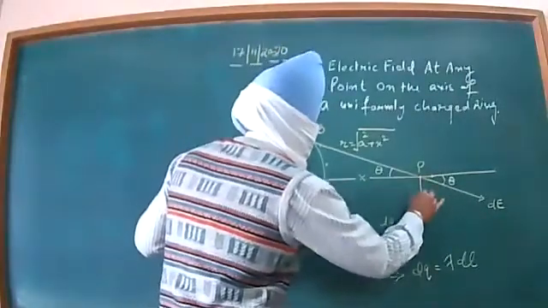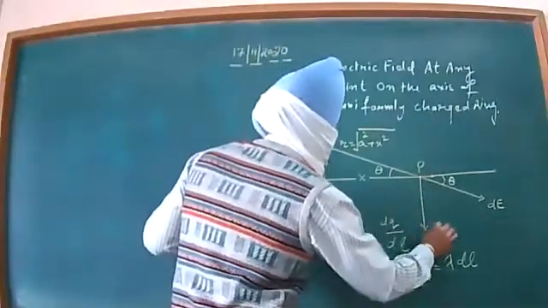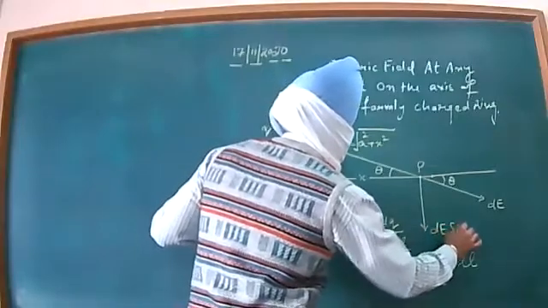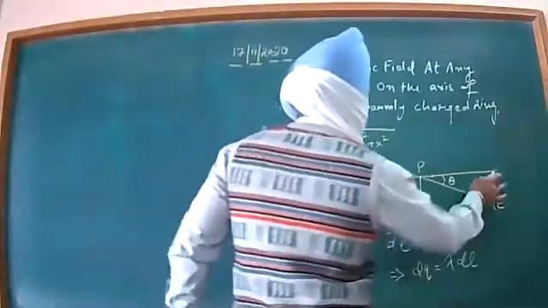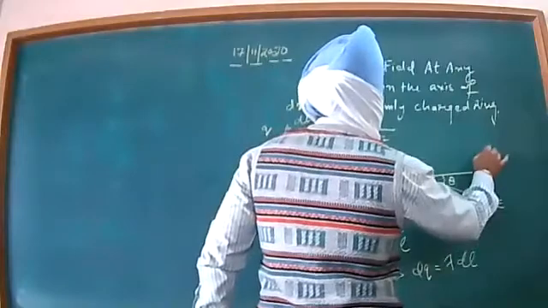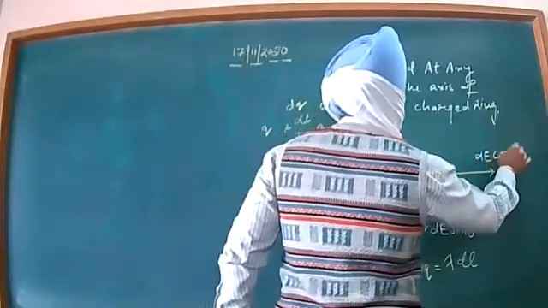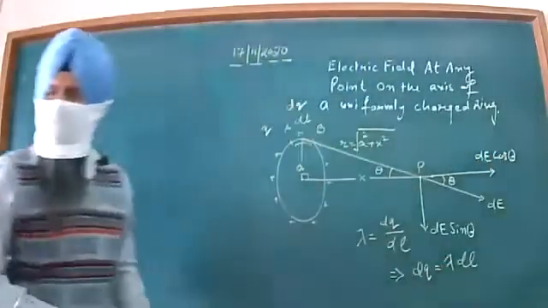So, here this component is the dE sine theta component, and beta, dear children, this is your dE cos theta component.